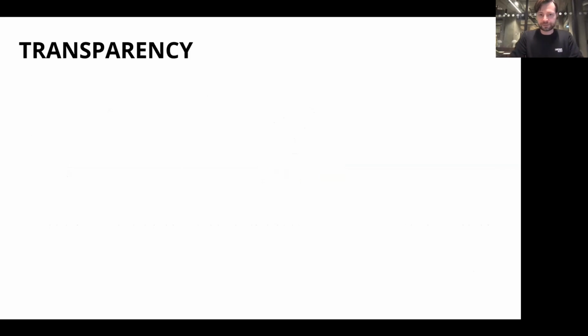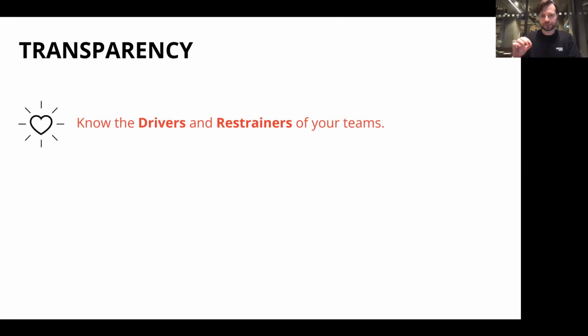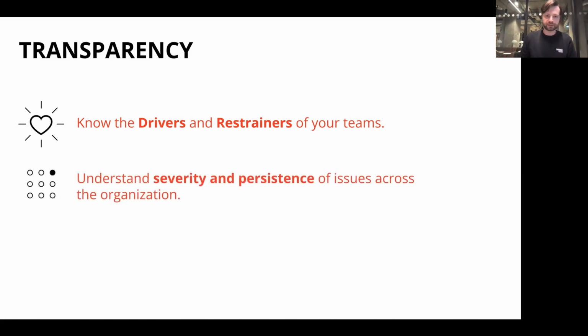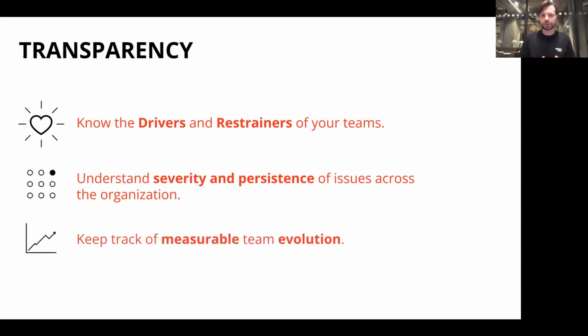And another powerful feature that I would like to share is the great level of transparency that this framework provides. So first of all, you know exactly the issues that every team is facing, described by the members of the team. And you understand the severity of these issues, and you understand the scale across multiple teams. As well, you keep track of the measurable progress of the teams, and you see what works best for which team.